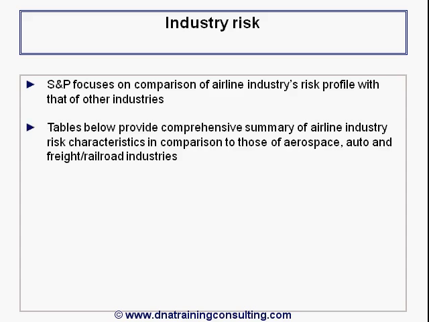The tables we are about to show are reproduced from the S&P 1 document and provide a comprehensive summary of the airline industry risk characteristics in comparison to those of the aerospace, auto, and freight/railroad industries.